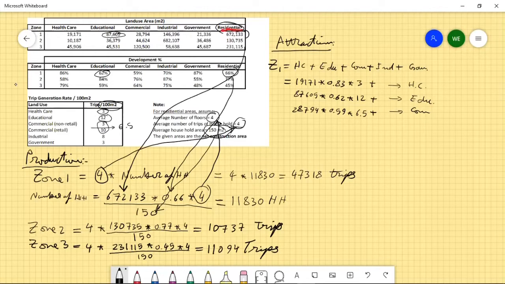Then we have the industrial. The industrial will be 146,396 multiply the percentage of development 0.70 multiply number of trips for industrial 8.